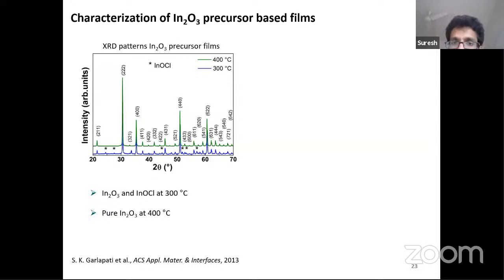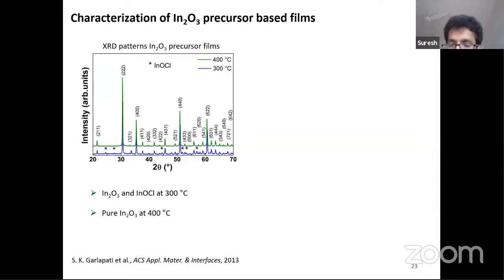What happens is X-rays have a very small wavelength, around 0.7 angstrom to 1.5 angstrom, right? So this is almost equal to interatomic spacing. So when the electromagnetic wave interacts with atoms, it creates diffraction phenomena.